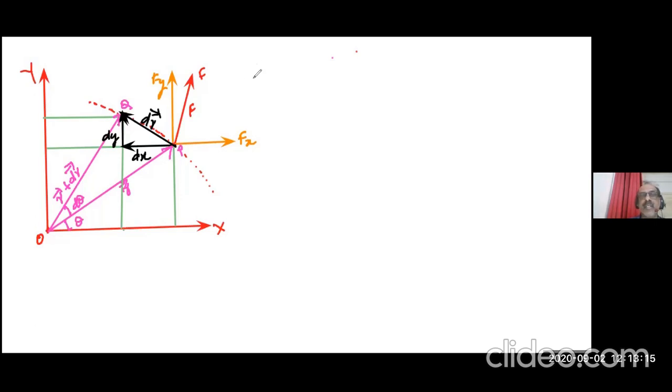Then from the figure, the work done for this displacement can be written as dw is equal to F dot dr. Dot product, right?